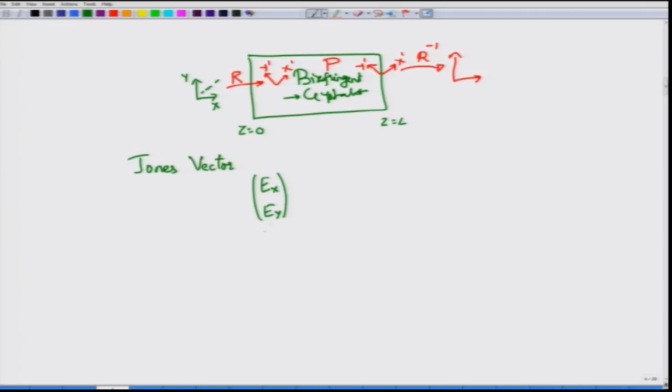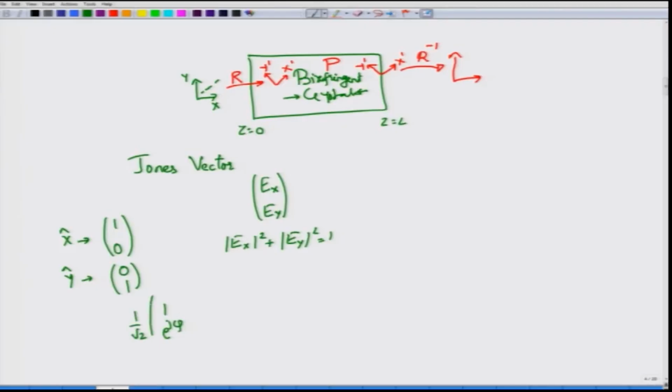Of course, you would have normalized this so that the magnitude of Ex squared plus the magnitude of Ey squared is equal to 1. For simplicity, an x polarized wave would be written as 1, 0. A y polarized wave was written as 0, 1, and in general, if you have a linear polarization, you can write this as 1 by root 2 times 1, e power j phi.